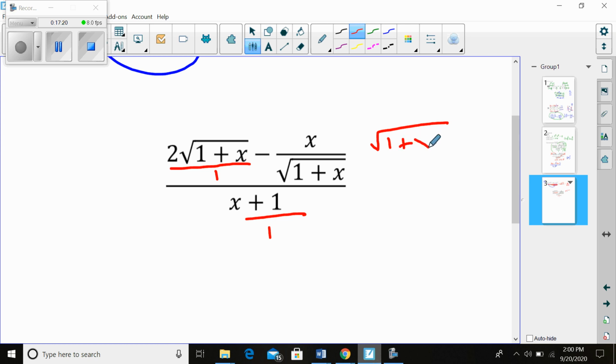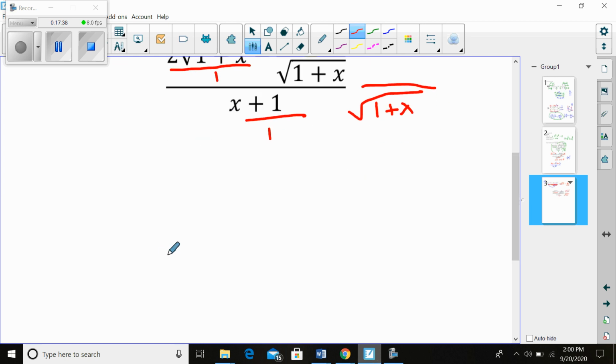So I'm going to let you do most of this work because it is part of your homework. The one part that I want to help you with, though, is when you get to the answer key and you go to check your work in the answer key, you're going to see a denominator of x plus 1 to the 3/2.